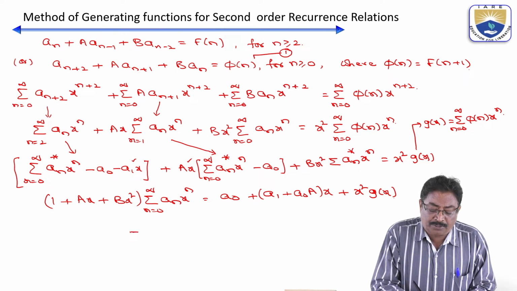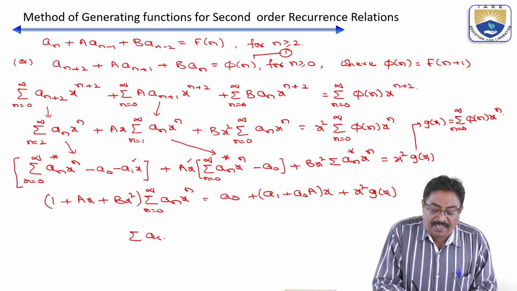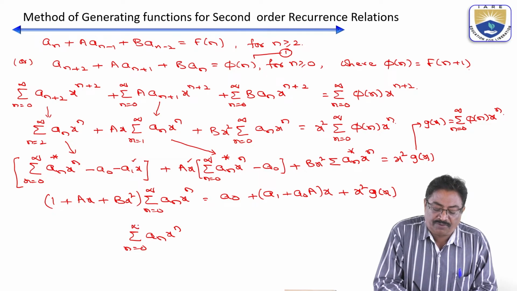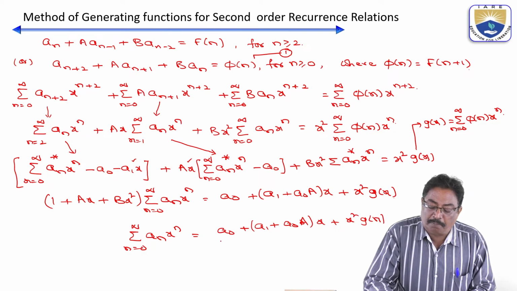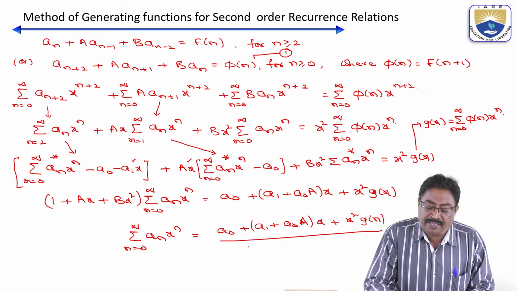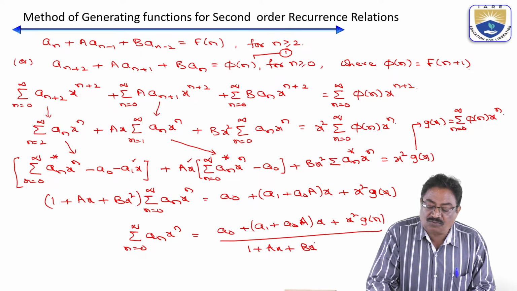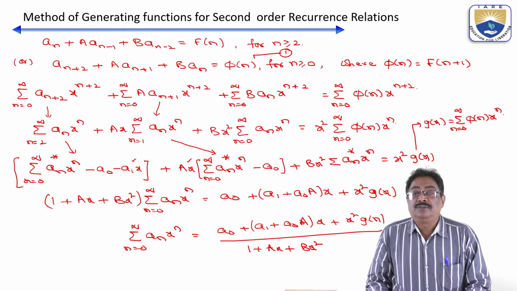So now I am going to write the summation of a n x to the power of n, n equals 0 to infinity, which is equal to a naught plus a1 plus a naught a into x plus x square g of x, divided by 1 plus a x plus b x square.